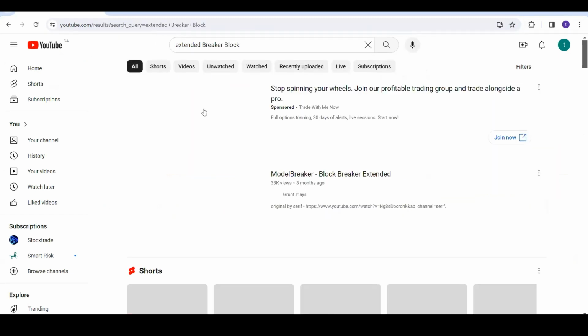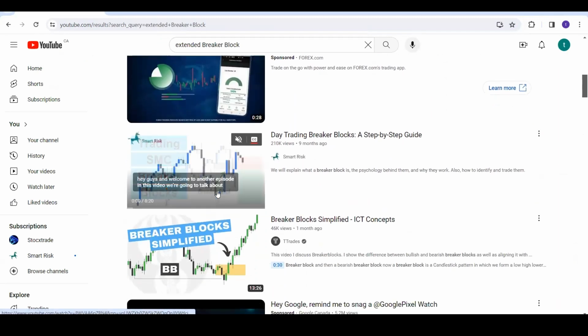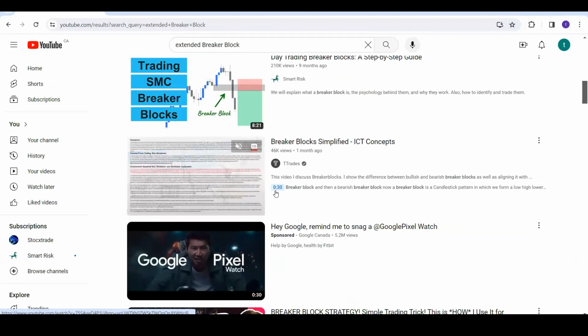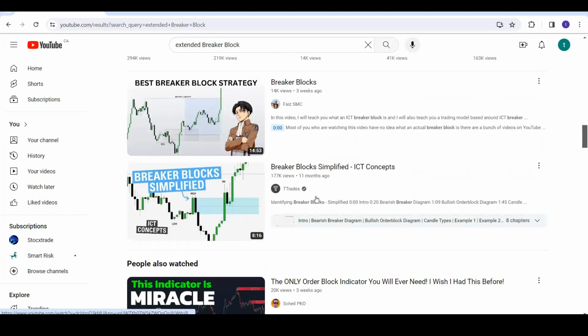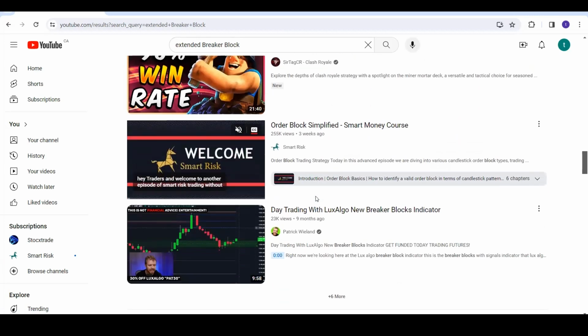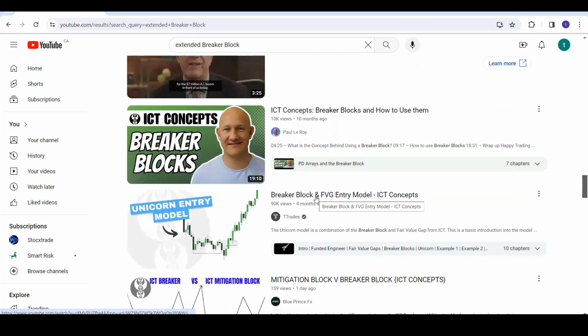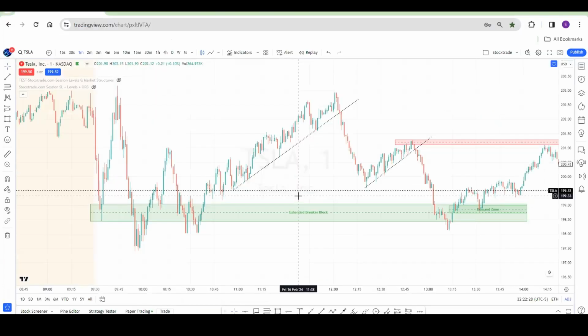I found day trading breaker blocks. No extended breaker block you will find. They are all about trader blocks, amazing breaker blocks, simplified breaker blocks, but no extended breaker blocks.